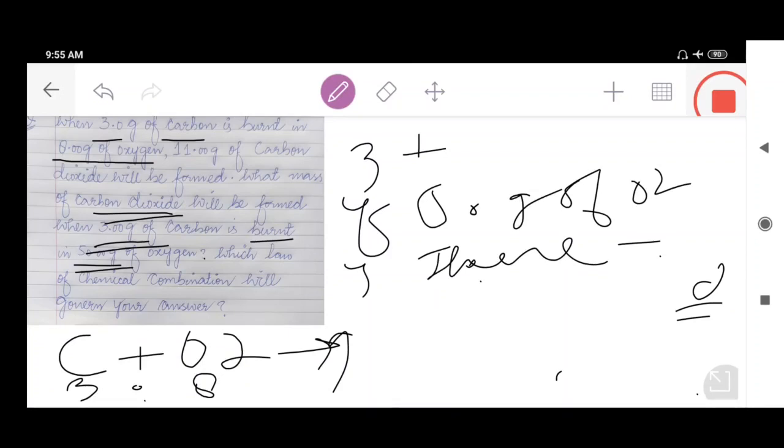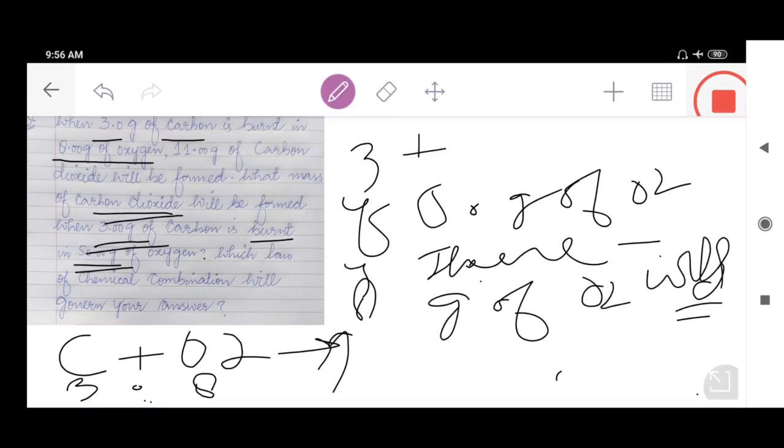This ratio is in accordance with the law of definite proportion, so the ratio will remain the same. That's 3:8. That means if there is 50 grams of oxygen, only 8 grams of oxygen will react, because the ratio will remain the same, because this is in accordance with the law of definite proportions.